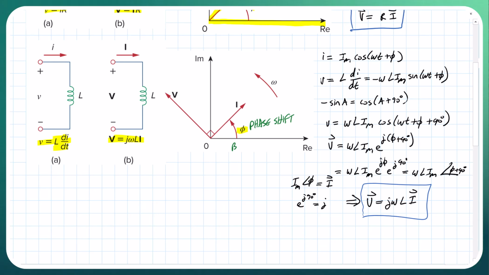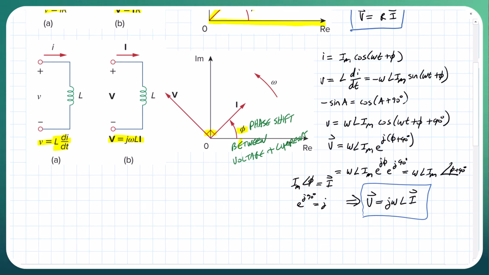So actually the phase shift is here between voltage and current.